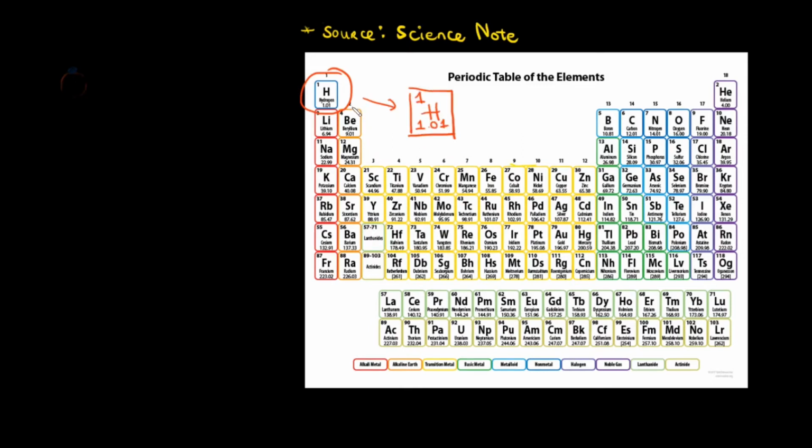If you go further right or further down the table, the atomic number increases. That means if one element gains 1 additional electron, it will be transformed into a new element.